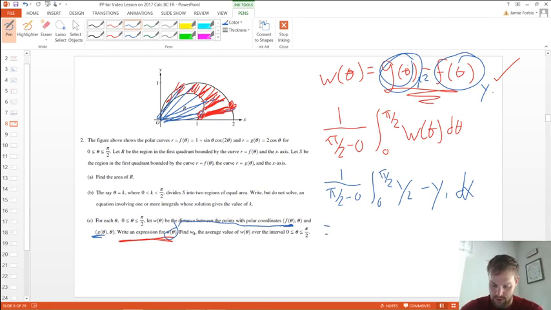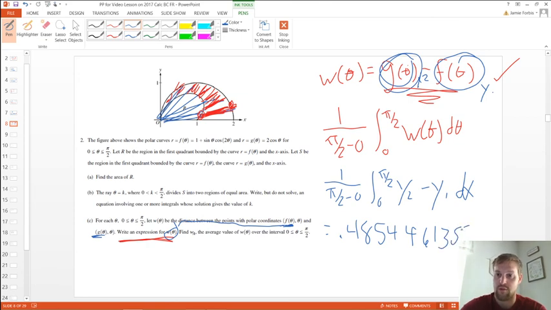And in my calculator, I got 0.485446135. So there you go. That is the average value of the distance between the two functions. Cool.